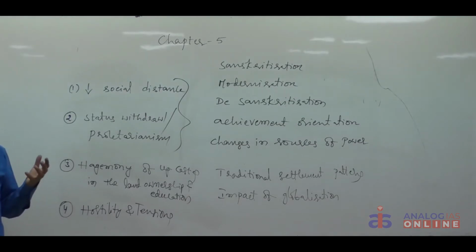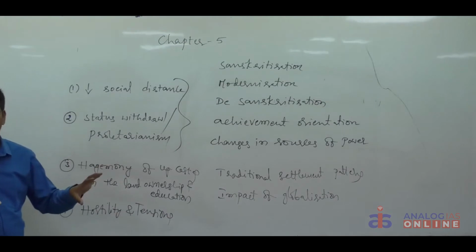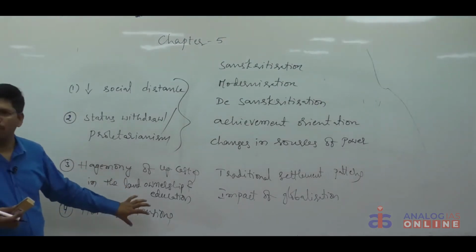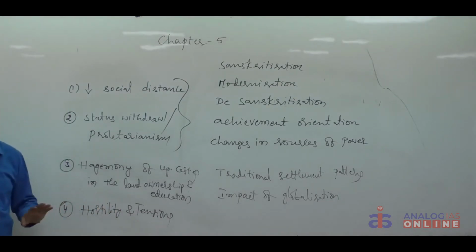Why? Because atrocities on the lower caste people are treated as a crime under the laws enacted by the government, the SC/ST Prevention of Atrocities Act. That's why wherever tensions came into existence, most of the time situations were settled in favor of the lower caste people. Ultimately, the dominance of the upper caste was decreased.